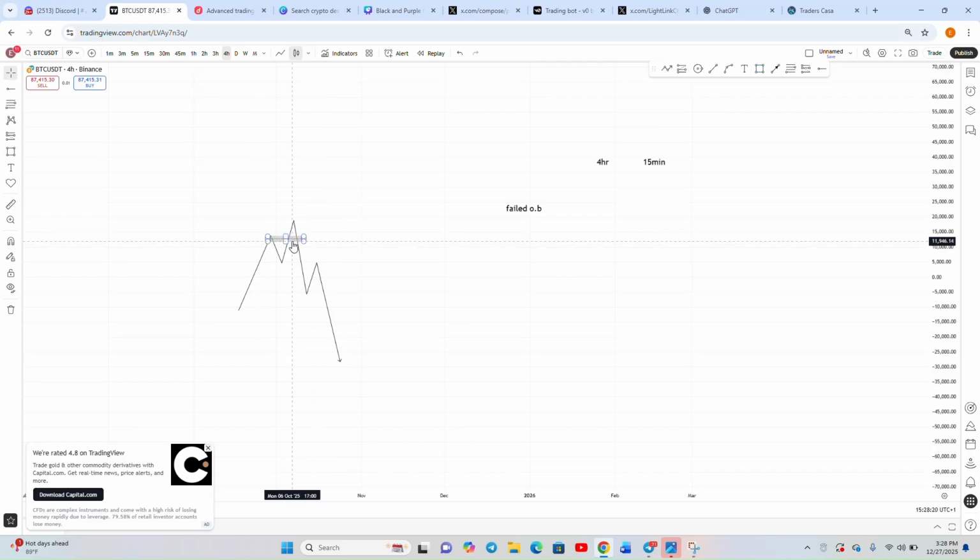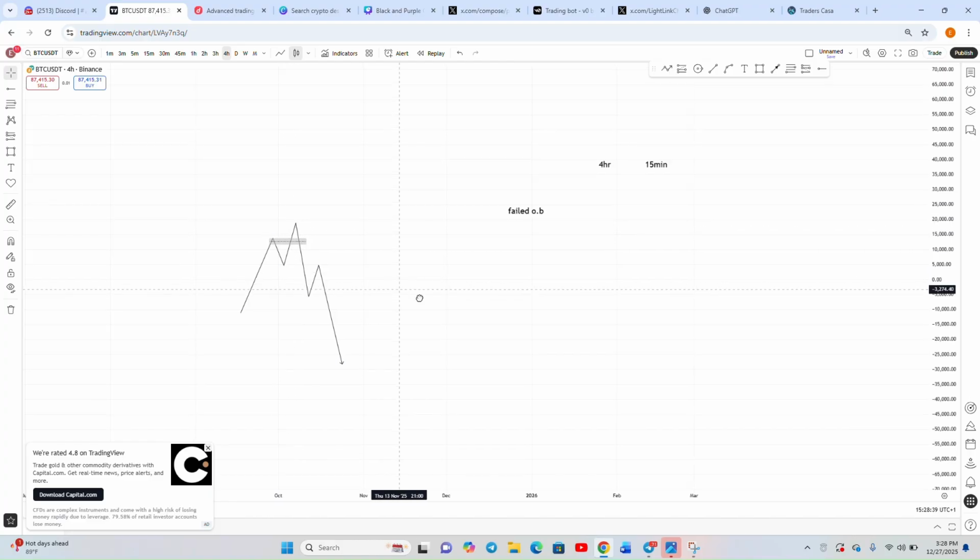Look at what the market did here. It gave a high, a low, another high, and then another lower low. It is a higher high, higher low, higher high, lower low.